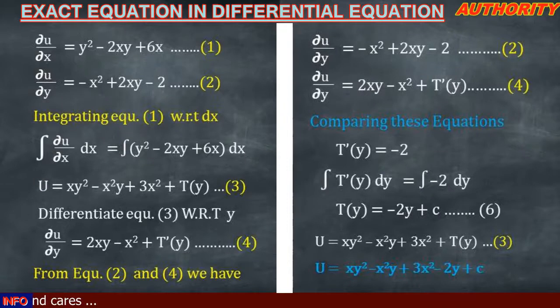The first one that we obtained had a little problem, which is the value of t of y. Now we have solved for t of y and we substitute. So substituting the value of t of y, we see that the function we are looking for, u of x comma y, is equal to xy squared minus x squared y plus 3x squared minus 2y plus c, which is the same thing as when we follow the other method.